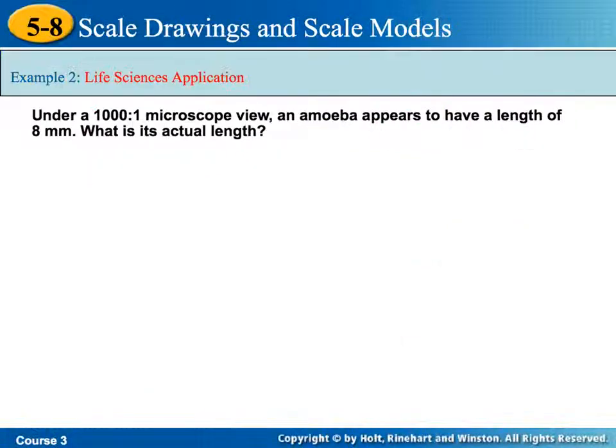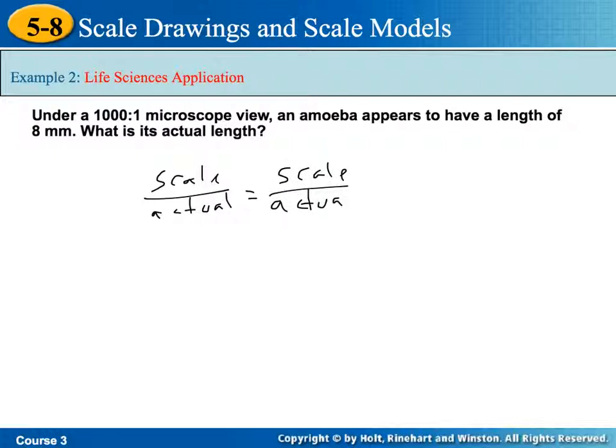Next. Okay, it says, under a 1,000 to 1 microscope view, an amoeba appears to have a length of 8 millimeters. What is the actual length? All right, well, again, how do we set up our proportions? On the last two problems, how did I set it up? Scale over actual is equal to scale over actual.